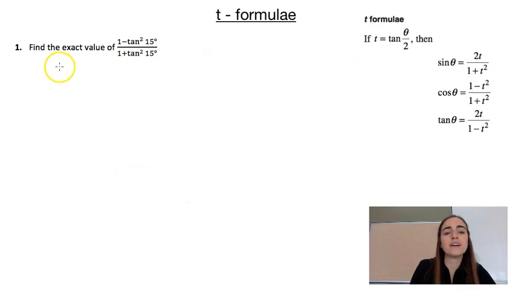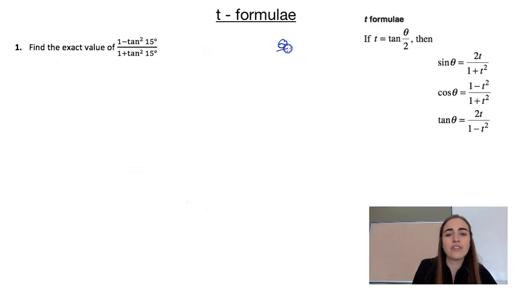So our first one asks us to find the exact value of (1 minus tan squared 15 degrees) over (1 plus tan squared 15 degrees). Having a look at this, we can see that it's in this form here. So cos theta is equal to (1 minus t squared) over (1 plus t squared) if t is equal to tan theta on 2. So in ours, it's only going to work when this is the half angle.